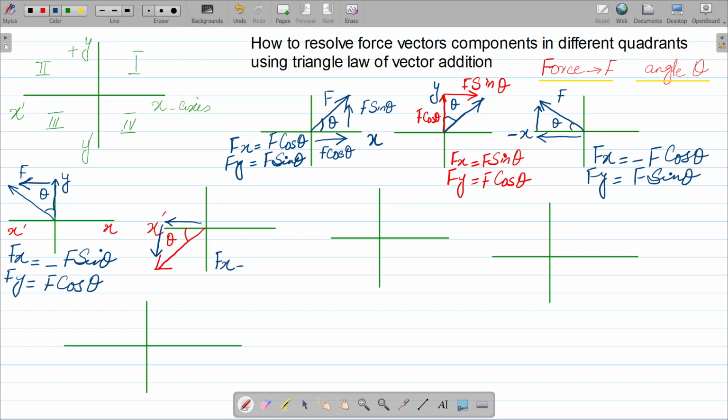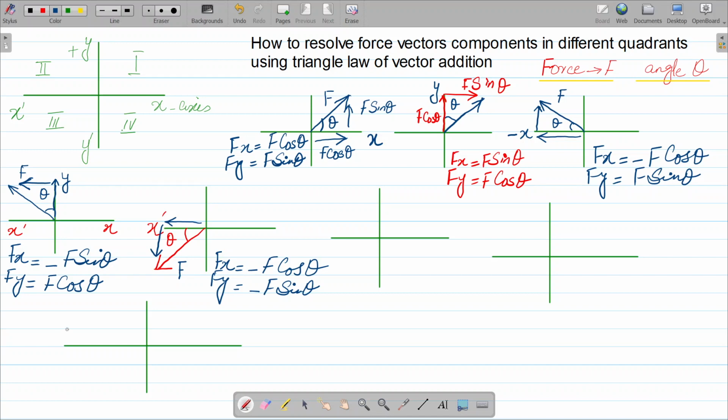Fx is equal to minus F cos theta, Fy is equal to minus F sin theta. So both components are now negative. Fx is minus F cos theta, and Fy is again minus F sin theta.